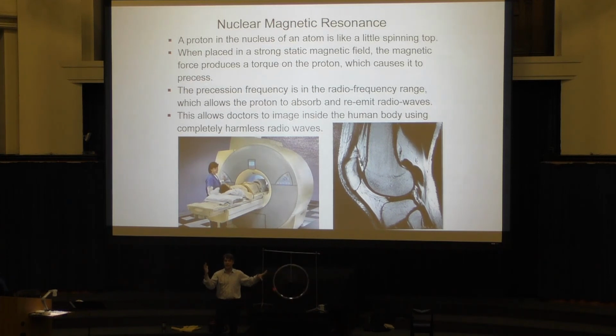And instead of just rotating the proton, it causes it to precess. The spin of a proton is very, very high. It's up in gamma rays, but the precession frequency is much lower. It's in the radio waves. So if you have a proton which can interact with radio waves, you can flip it one way or the other and use radio waves, which are totally harmless to a human body, to investigate the protons and what their environment is like. So you can use this to image the inside of a body.